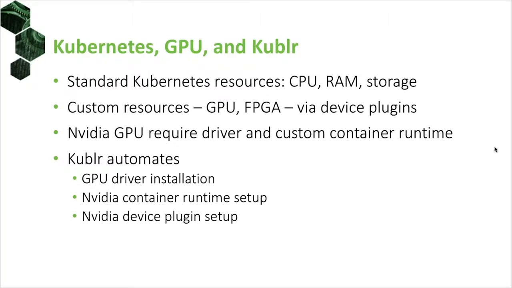Next item on my list is support for GPU and special compute devices. Kubernetes does support them on several levels. Kubernetes considers such devices as custom resources in addition to standard resources like CPU, RAM, storage that may be available on each node.